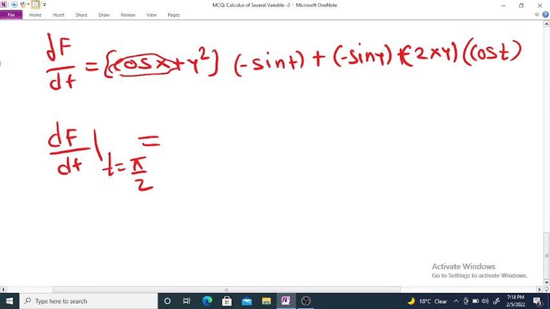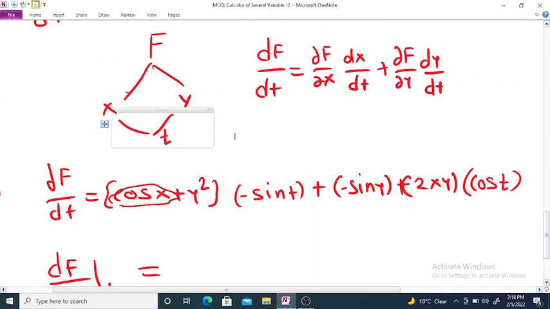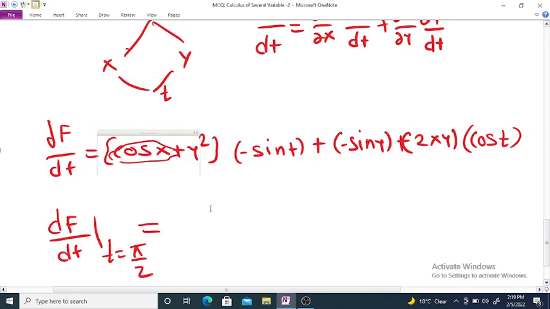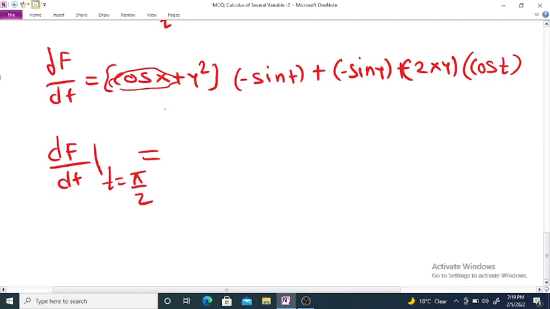Hope you understood this, because when t is pi by 2, x is 0, and when t is pi by 2, y is 1. So we want to put x is 0 and y is 1 when we substitute t equal to pi by 2.